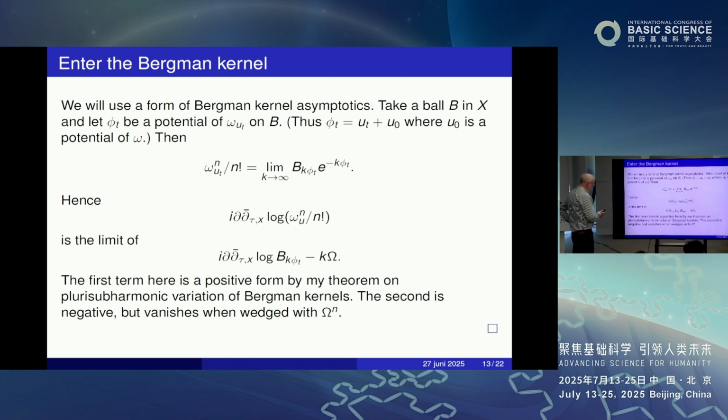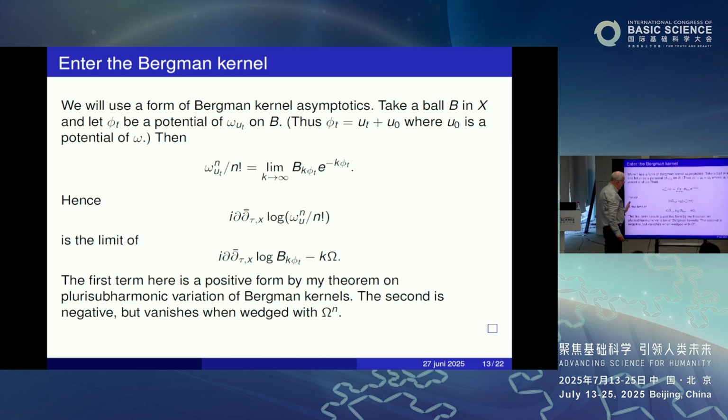Now, there is an older theorem of myself, which was actually my entrance ticket into the field of complex geometry in a certain sense, which says that this function here is not just plurisubharmonic for each fixed tau, but it's actually plurisubharmonic as a function of all the variables of tau and x at the same time. So this thing here will be positive.